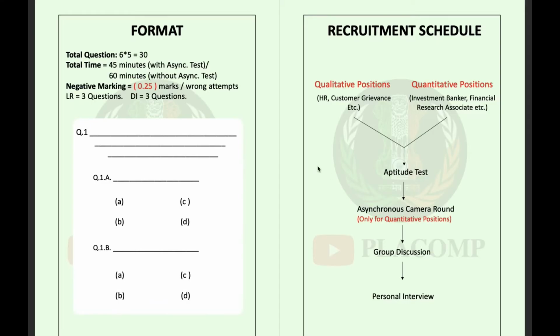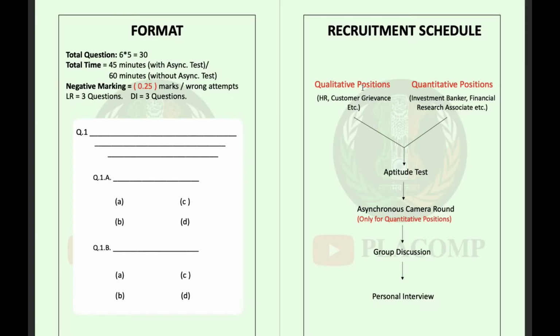So in the aptitude test round, if you are going for qualitative positions, you do not have to give the asynchronous test. I will come to what the asynchronous test is, but just understand it for now. If you are applying for a qualitative position like HR, customer grievances, etc., you don't need to appear for an async test.